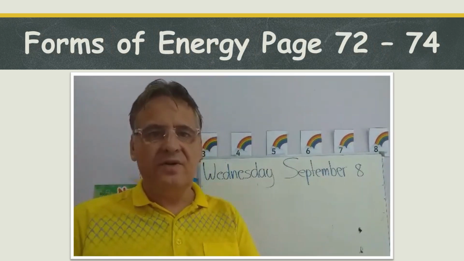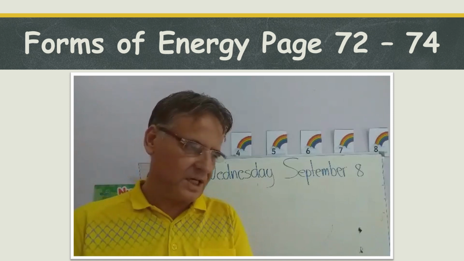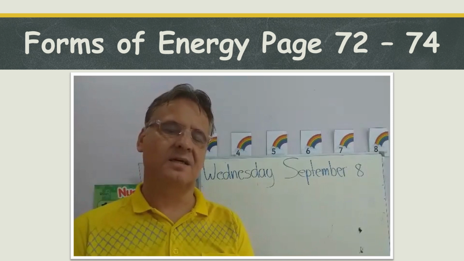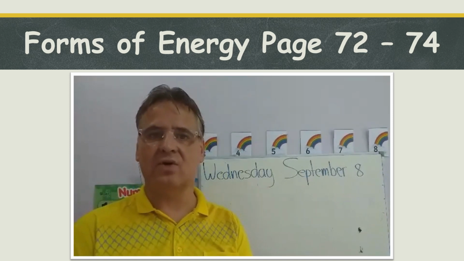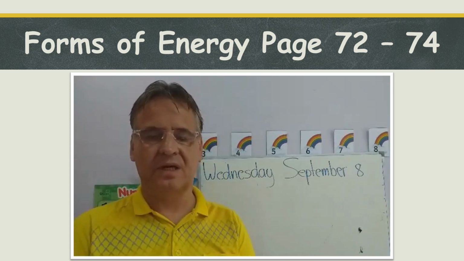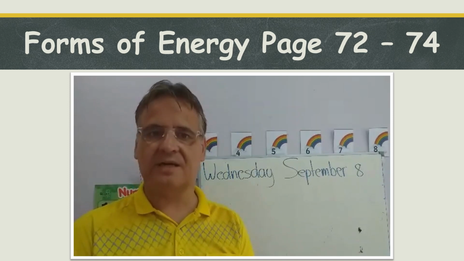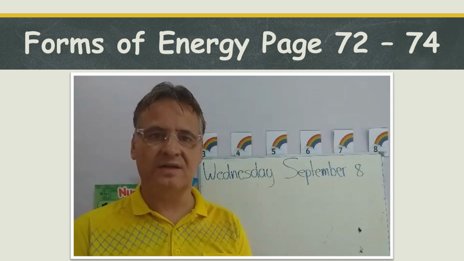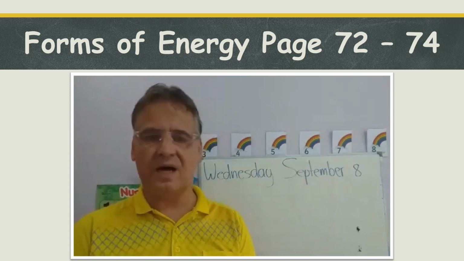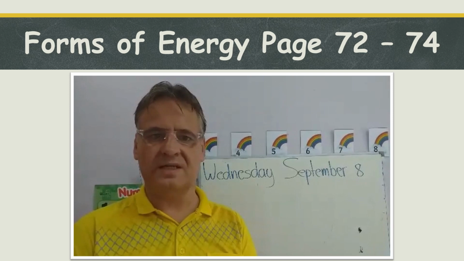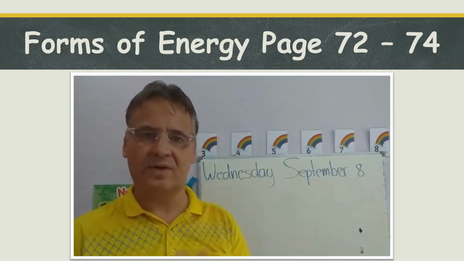Okay, let's review first. Get your science book, please, your science textbook, and go to page 72. We will review first our lesson from last week, and then we will continue to read about 4 or 5 more forms of energy, the ones that we had on our board.